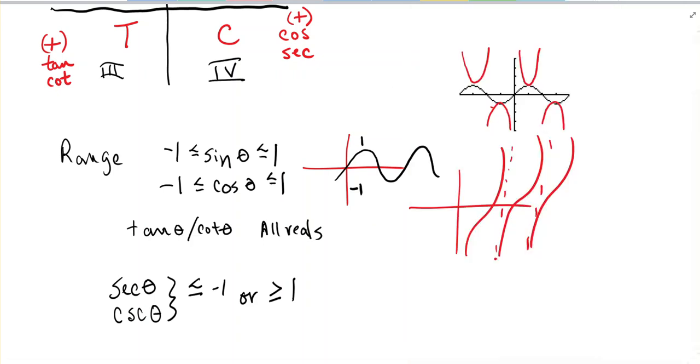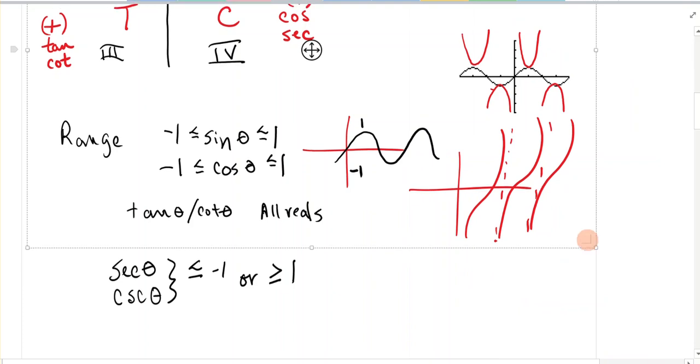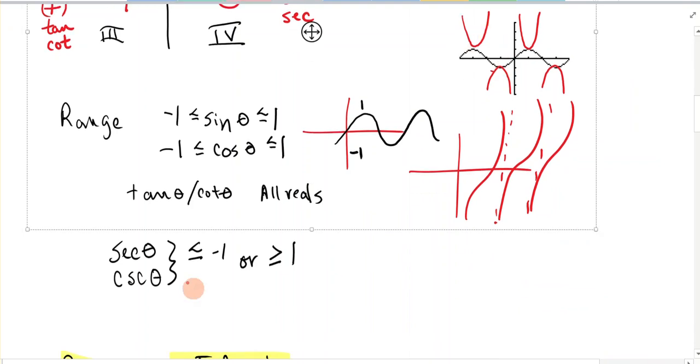All right, let's go back here. The secant and cosecant actually look like these little pieces up here. And so they're either less than -1 or greater than 1. It's these little curves up here. And then tangent, they go like this, and they don't have any range restrictions. They go from -infinity to infinity. They do have some issues on the x.